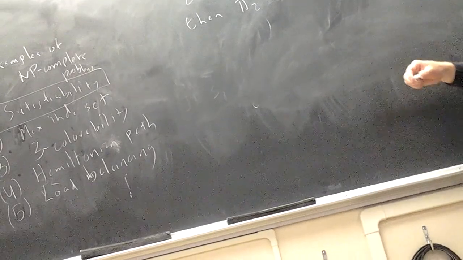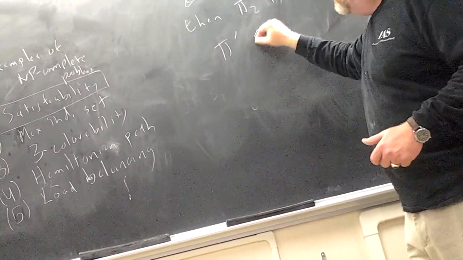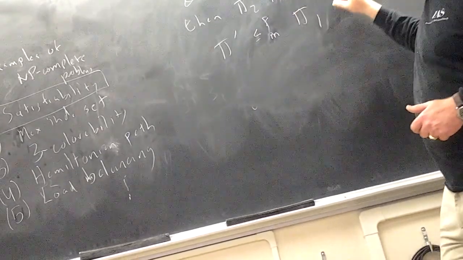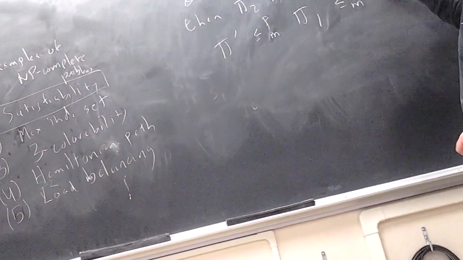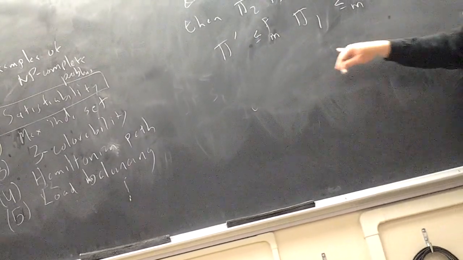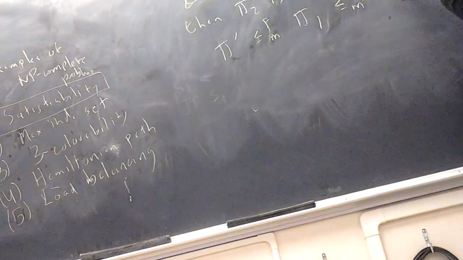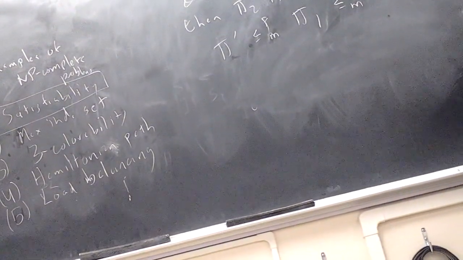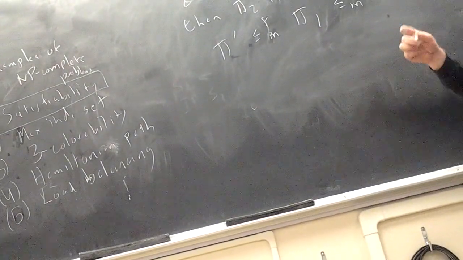The reason is that if pi 1 is NP-complete, that means every pi prime reduces to pi 1, but pi 1 reduces to pi 2, and by composing these reductions, we get a map from every pi prime to pi 2. So once you have one NP-complete problem, you just have to show that you can map an arbitrary instance of that problem to your new problem to show that your new problem is NP-complete.